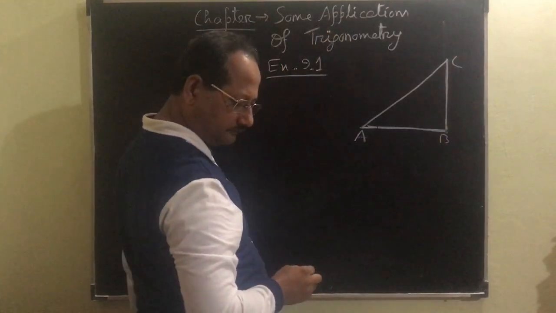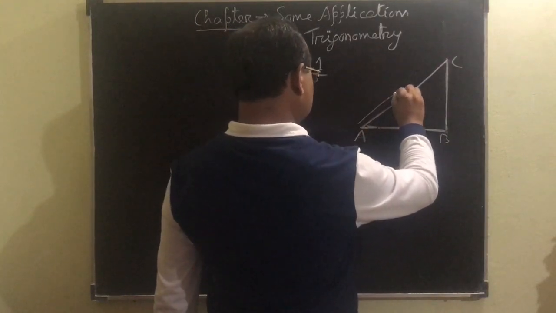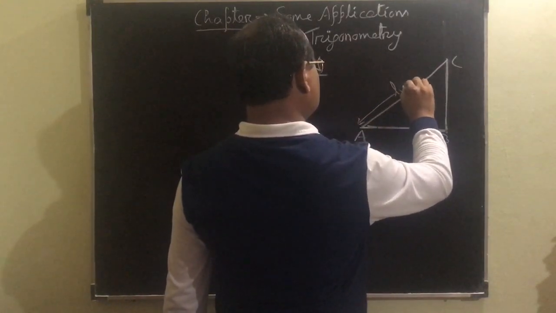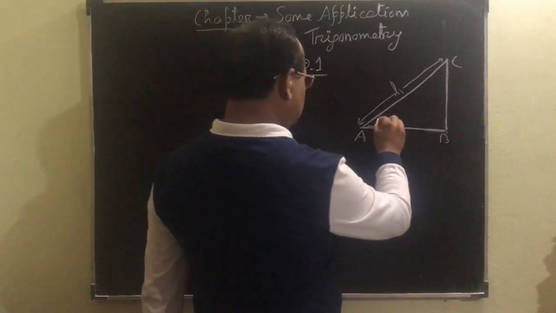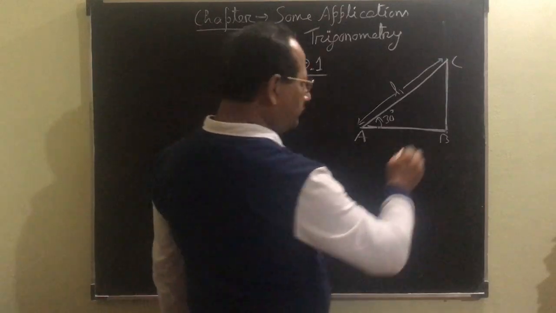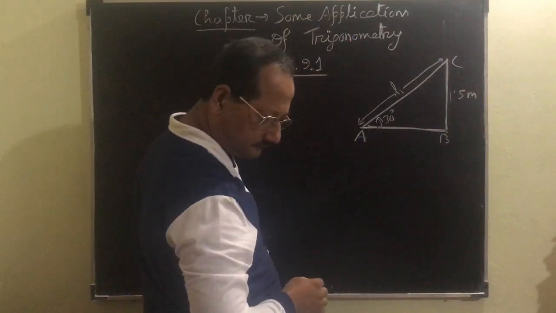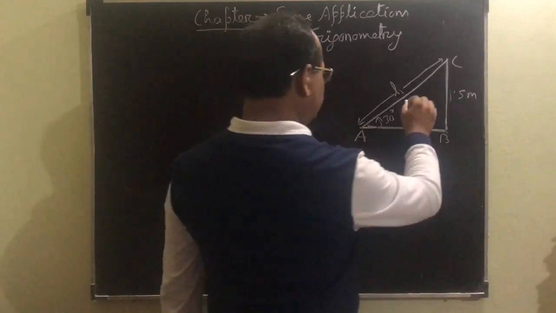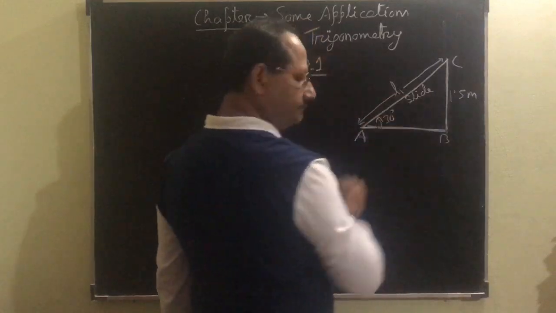Suppose it is L1 length and it is 30 degree. Height is 1.5 meter. This is a slide.